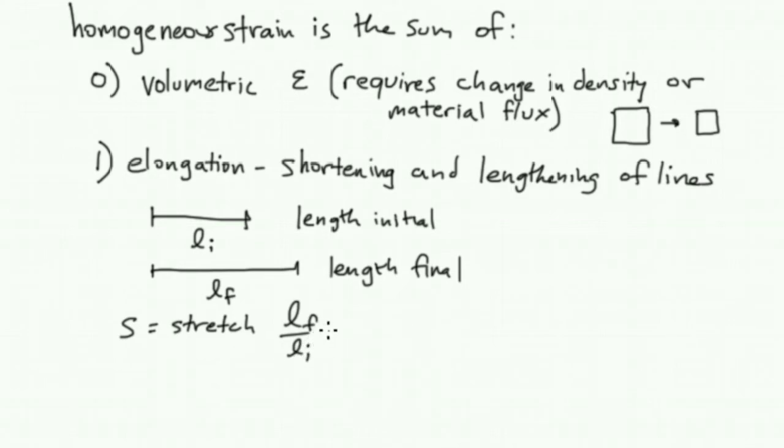So if we have a line that is stretched to be twice its initial length, that would be a stretch of 2. If it's originally an inch long and it ends up half an inch long, that'd be a stretch of 0.5. So it's 50% of what it originally was.